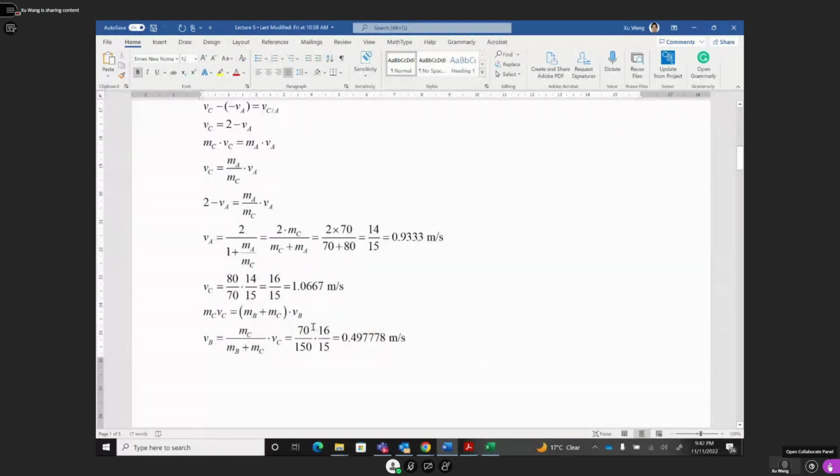And this 70 plus 80 is 150. V_C is this one, 16 divided by 15. And then you calculate this one, and you get 0.49778 meters per second. So you compare V_A and V_B, compare your results.